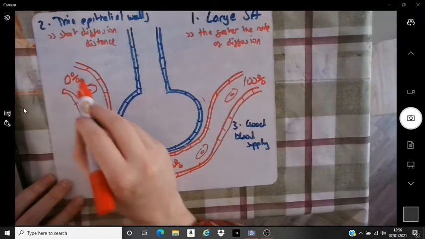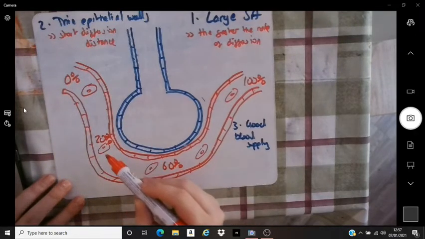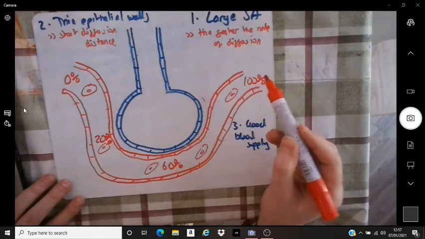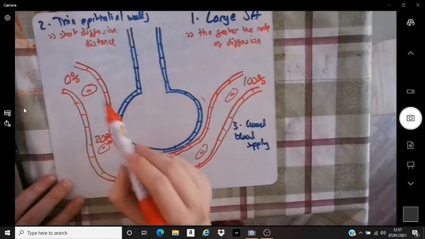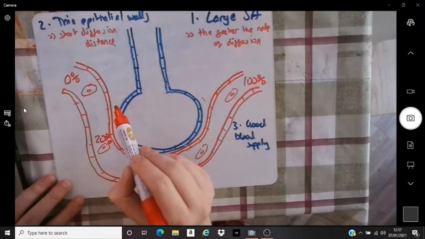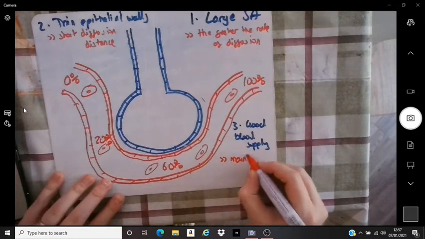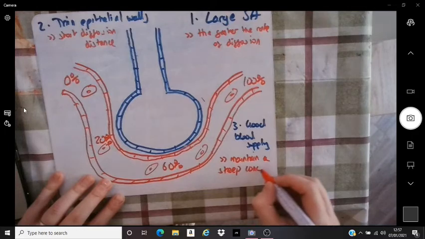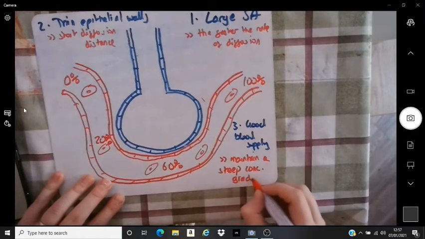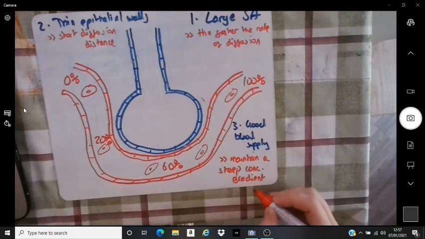And because the blood is always moving, this oxygen that it's taking in is constantly moving away. So the blood that is always arriving at the alveoli always has 0% oxygen. What you're doing there is maintaining a steep concentration gradient.